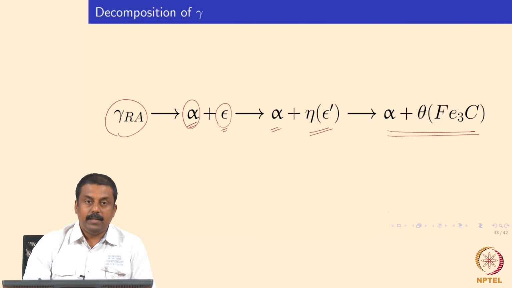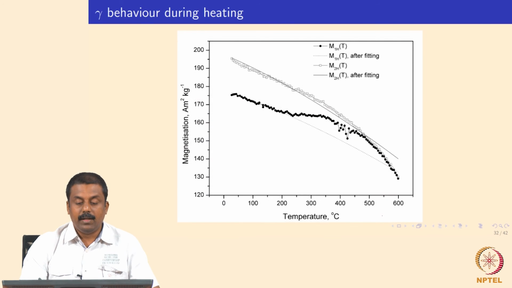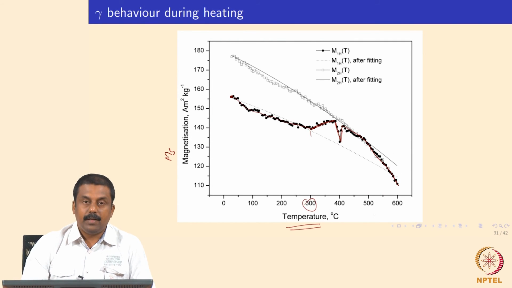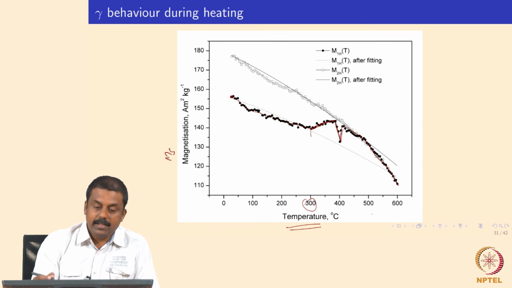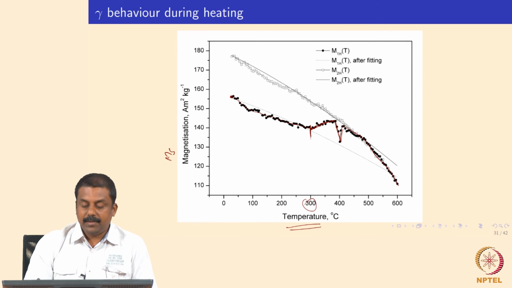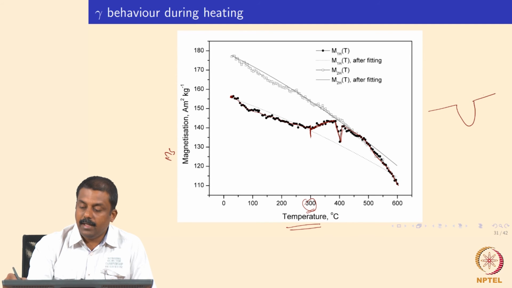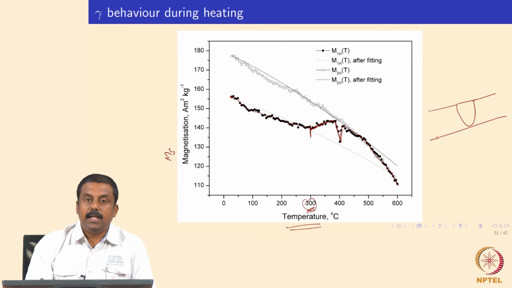So what this implies is, if you look at the onset of transformation of austenite during heating, you expect a transformation of austenite to ferrite. The temperatures are around 300 degrees centigrade. That means that in an actual welding case, when the peak temperature in the heat affected zone reaches even as low as 300 degrees centigrade, you expect a change in microstructure.